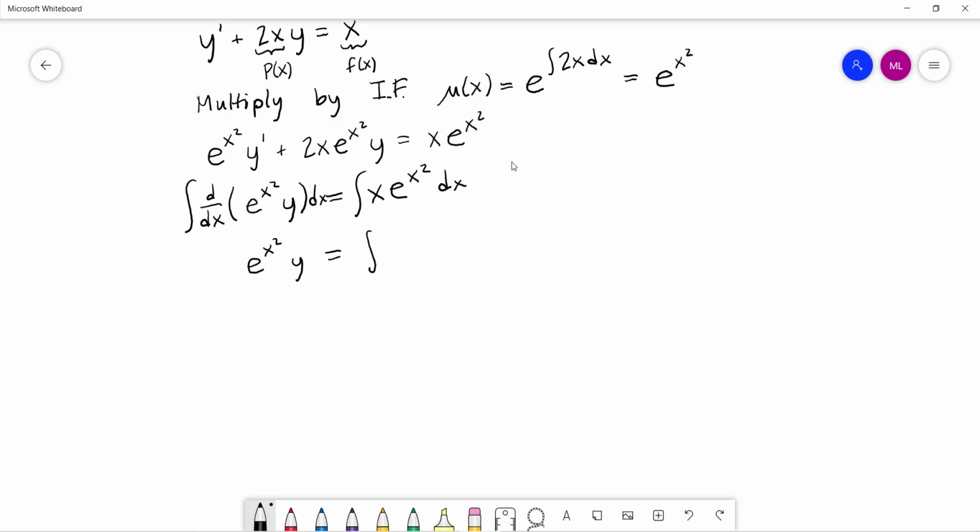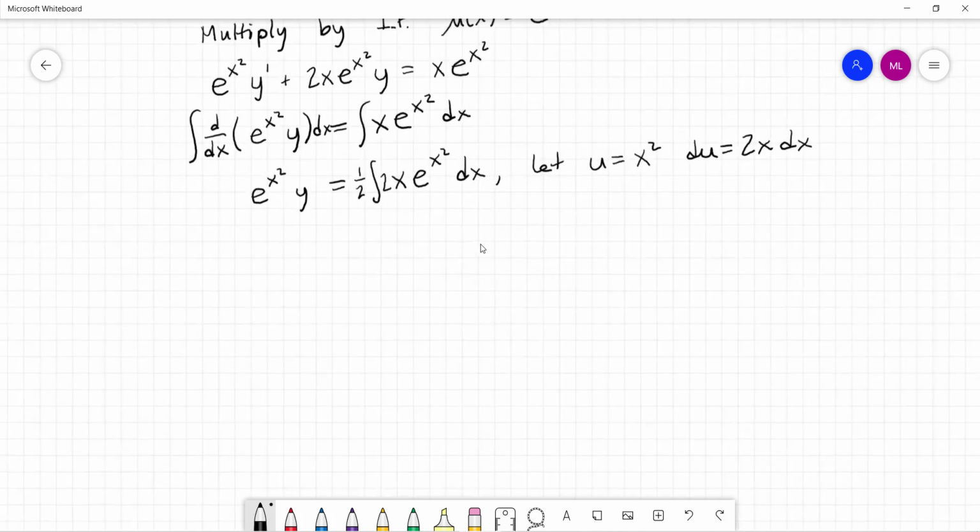So we're going to have the integral of x e to the x squared dx. And for this, I'm going to let u be equal to x squared. That means that du is going to be 2x dx. I have an x dx, but not a 2x dx, so let's turn that into a 2x dx. And to account for that 2 that I put there, I'm going to put a factor of 1/2 in front of everything.